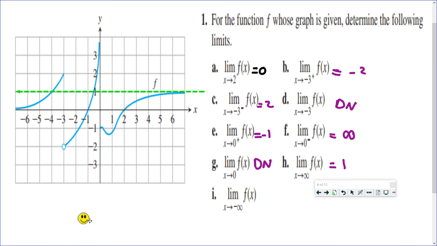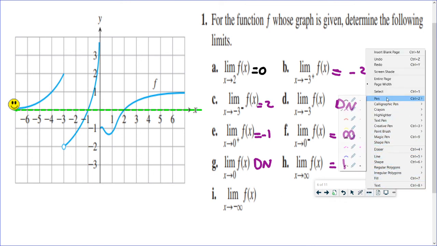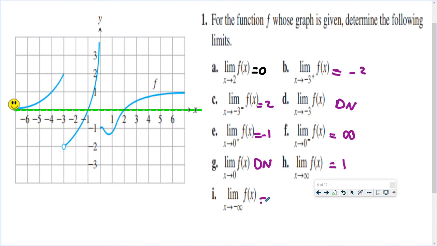The function, as you see, goes to infinity, but almost touches the x-axis, which is y equals 0. So the limit will be 0. This is today's question.